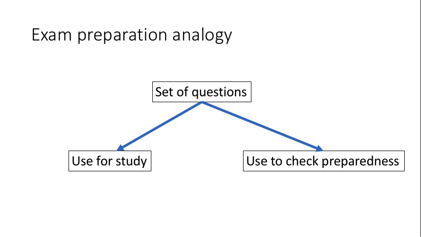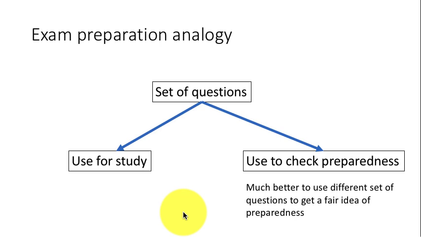I would think not. That is because these are questions whose answers you have seen many times before. The correct answer is known, right? So you might be answering those questions correctly just from memory. Who knows? So testing yourself on the same set of questions that you used to prepare for the exam is not a great idea.